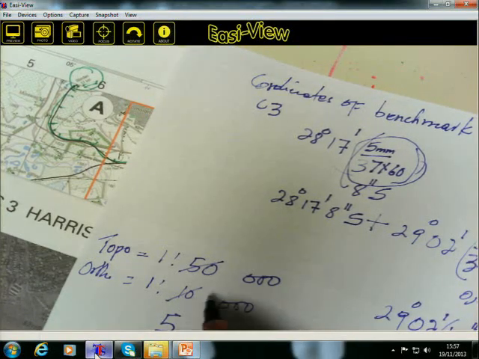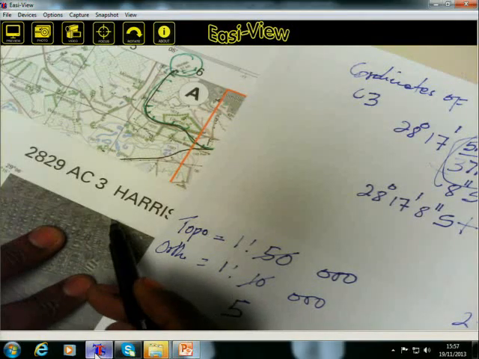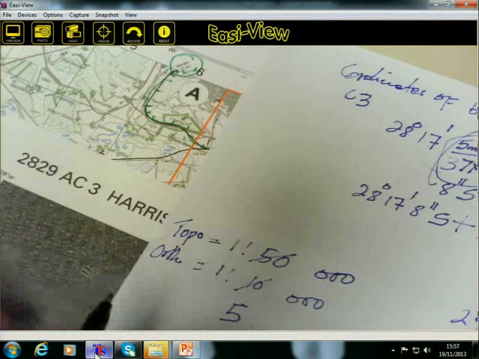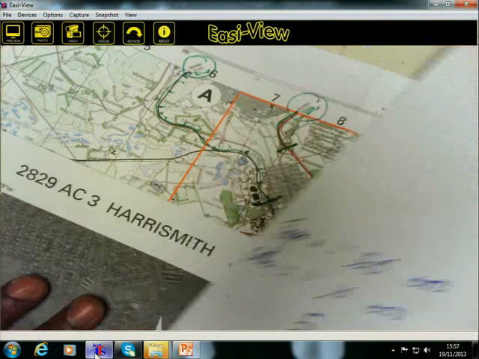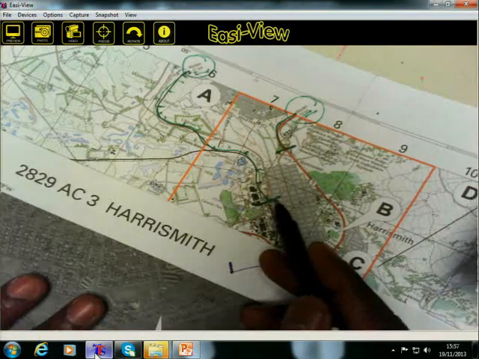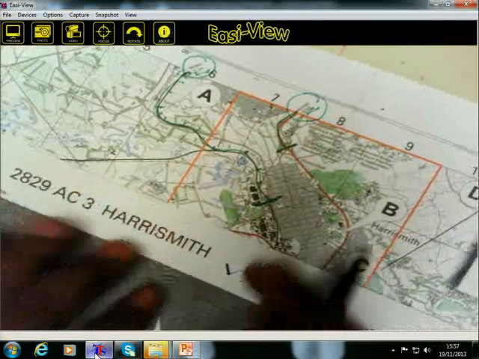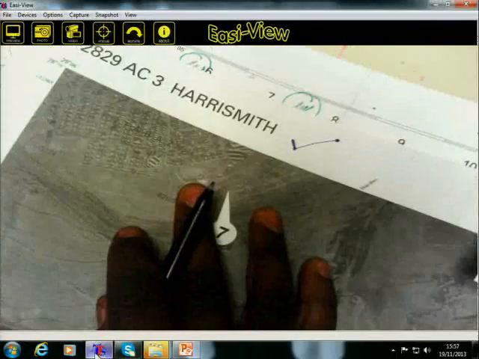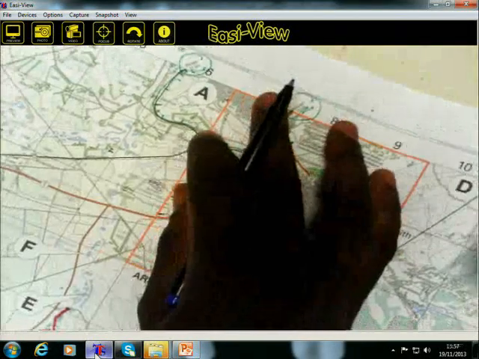Now, any picture that you get over an orthophoto map is enhanced. It is more clearer than a picture that you get over a topographical map. That means your orthophoto map is more clearer and detailed than your topographical map.